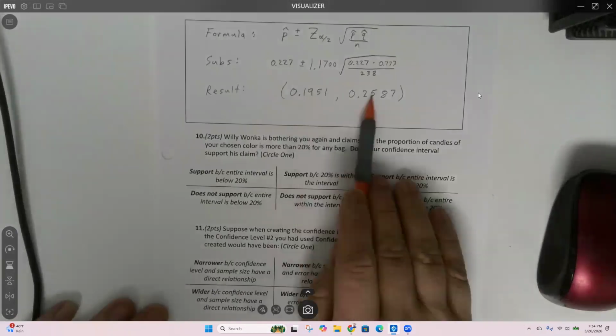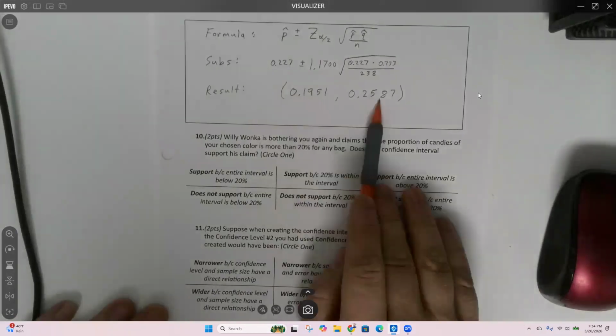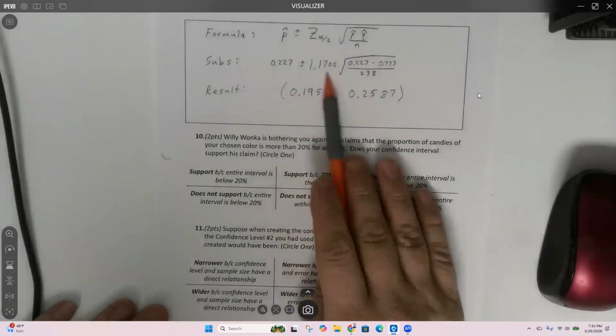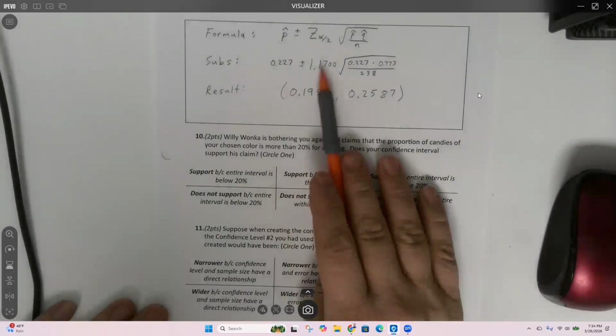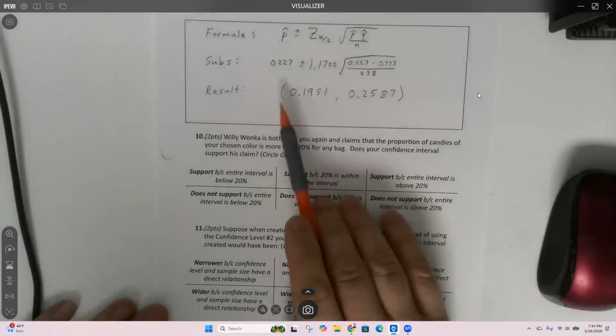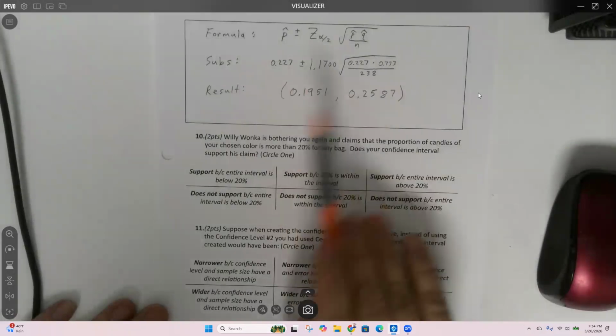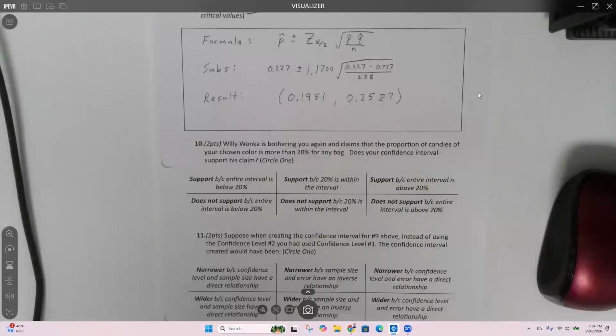Again, if you didn't want to do it that way, if you felt more comfortable using a pair of calculators, you could use the stat calculator's normal to get your z alpha over 2, and then use Desmos, just type all that in. You can do it either way. I don't mind.